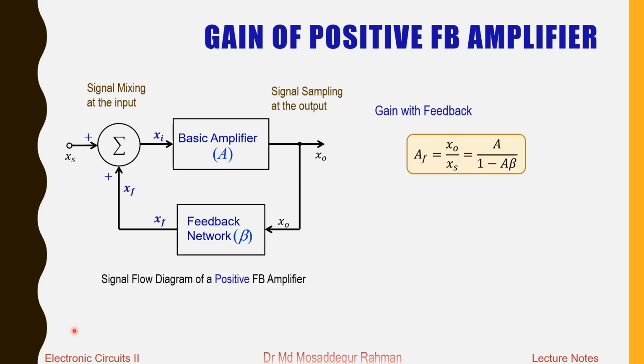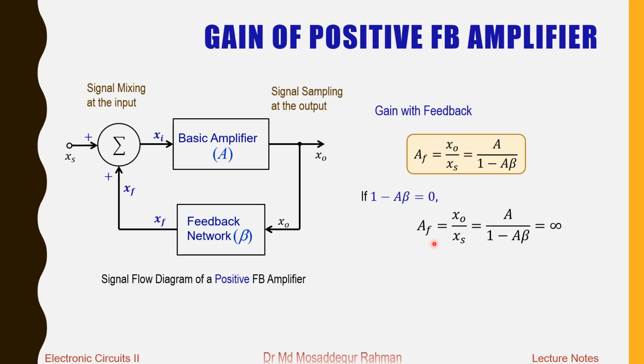Now in this case we get an interesting result. If 1 minus A beta is 0, if the factor here in the denominator becomes 0, we get an interesting result. And what is that interesting result? The gain will be infinite.